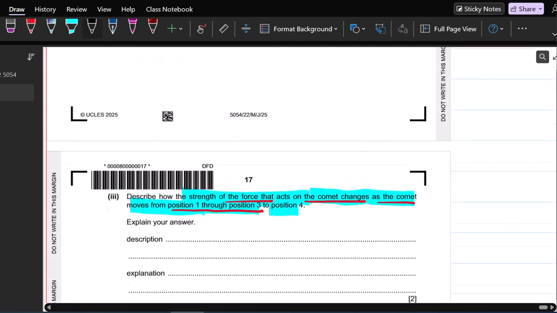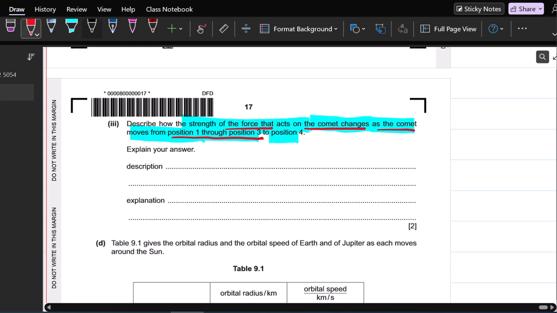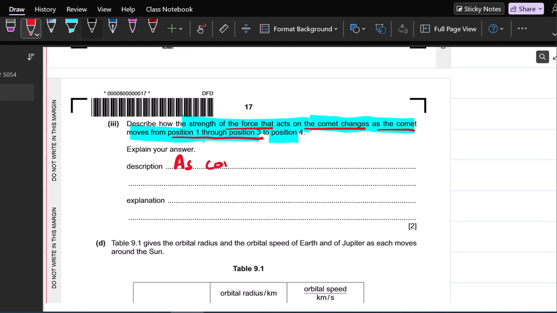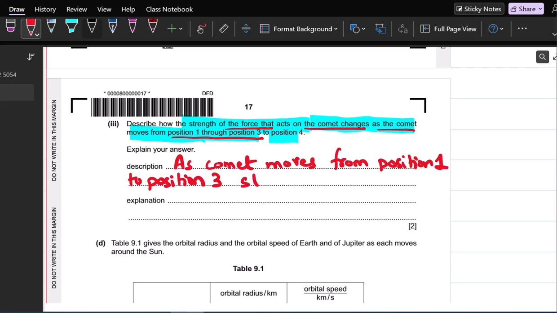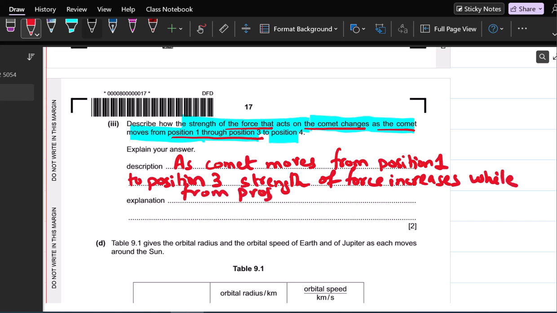So let's write the statement. Description is: as the comet moves from position 1 to position 3, strength of force increases, while from position 3 to position 4, it decreases.